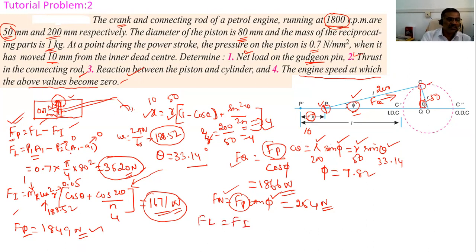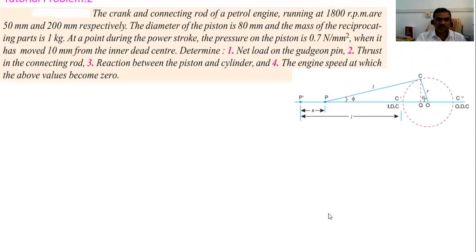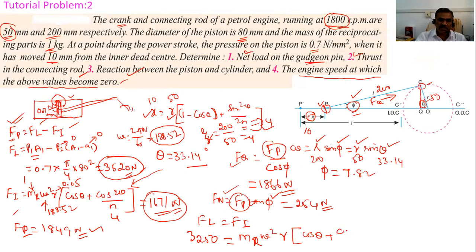What is FL? We know FL is equal to 3250. That is equal to FI. What is FI? It is M R omega squared, cos theta plus cos 2 theta by n.